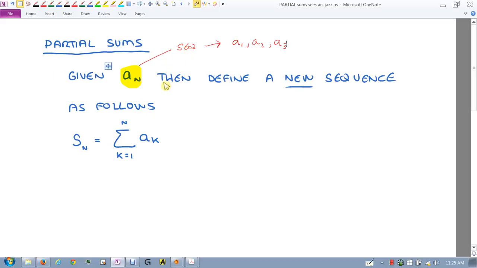And from that formula, I'm coming up with a new sequence, and here is its formula. Its formula is that it is the sum of the first n pieces of the sequence that we're given. So this is really just a sub 1 plus a sub 2 until I get to a sub n. All right, k is my index, so I start at 1, I stop at n. This right here is called the nth partial sum.